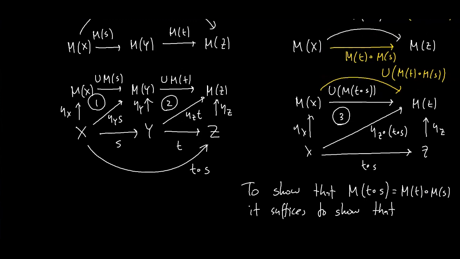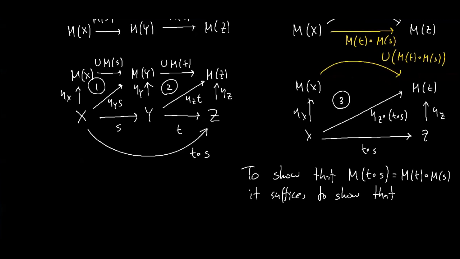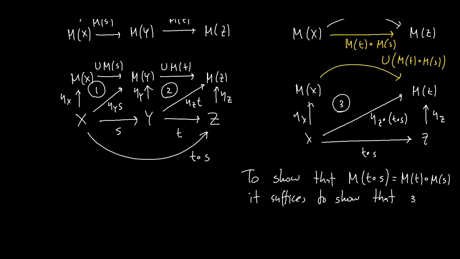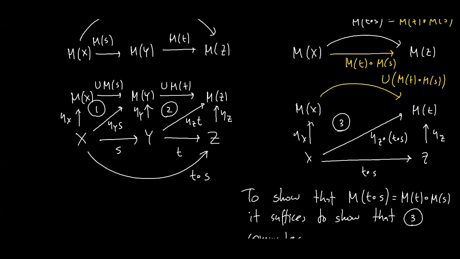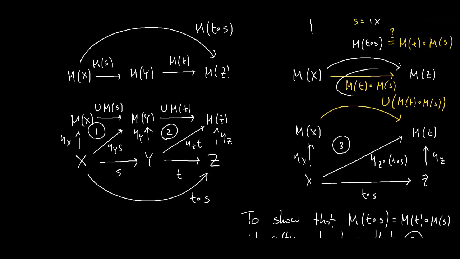I'm going to delete this part for the sake of simplicity of the diagram. Why is that? Because once we have at hand an arrow that makes this triangle commute, then by definition of the functor M, that arrow must be M applied to this morphism. So then it means that this arrow must be the other arrow. Does that make sense, Lian?